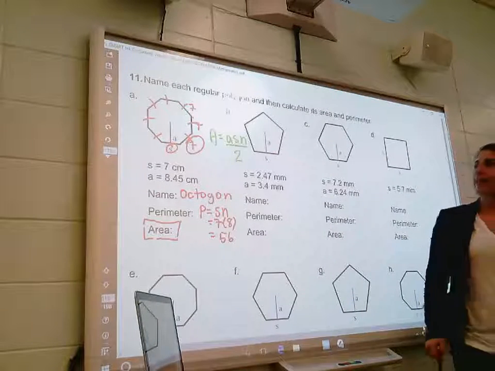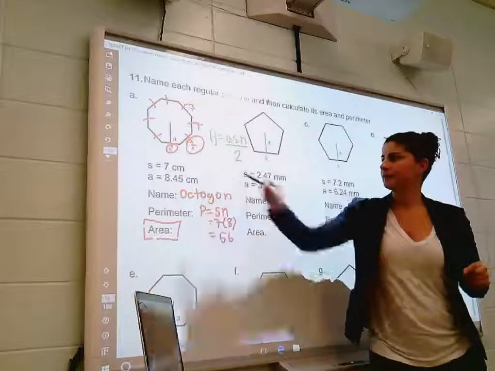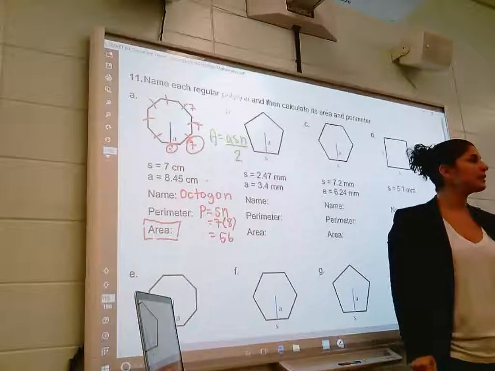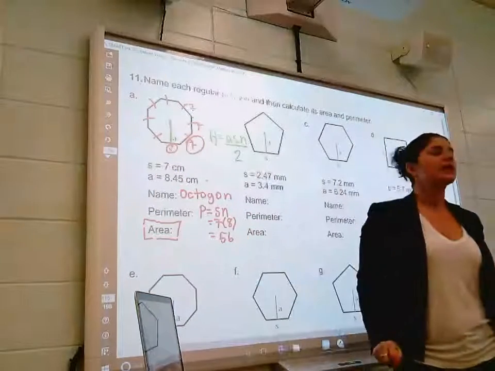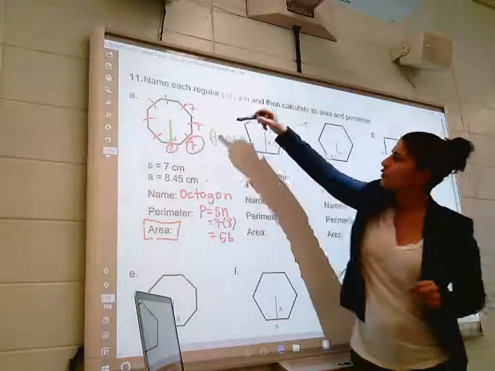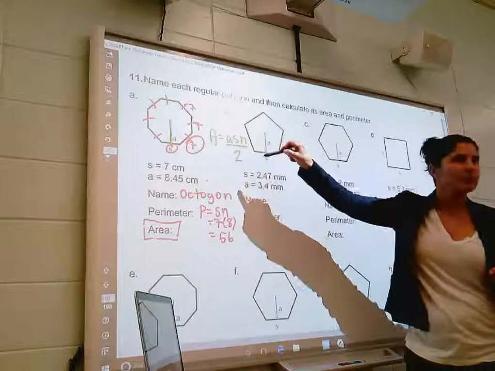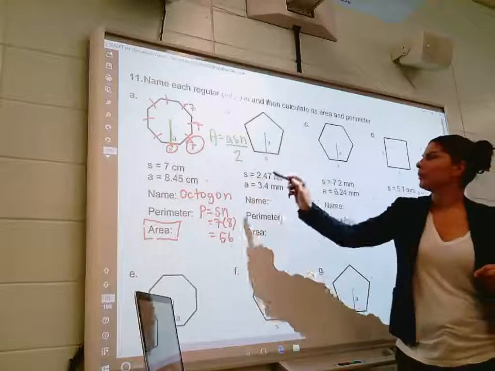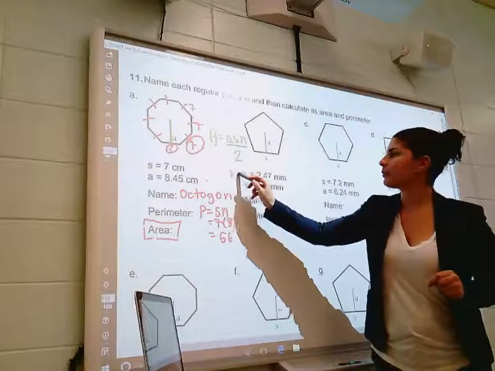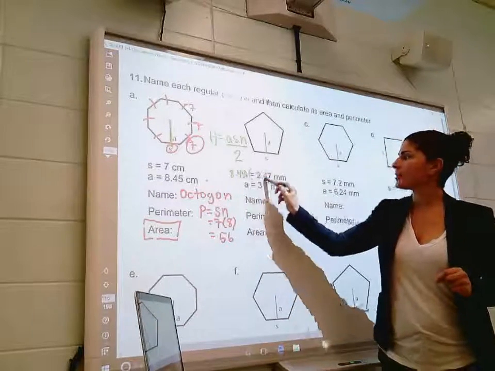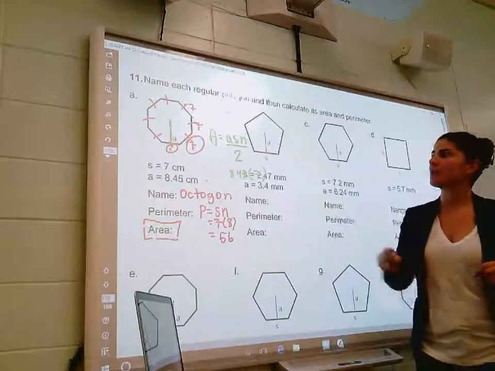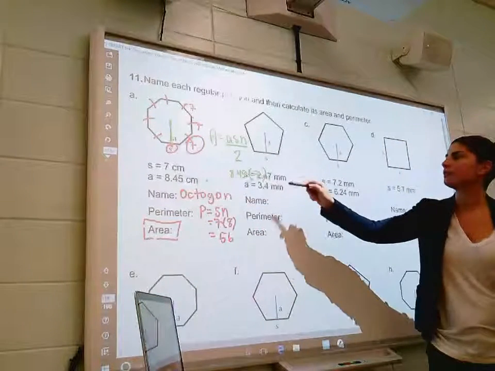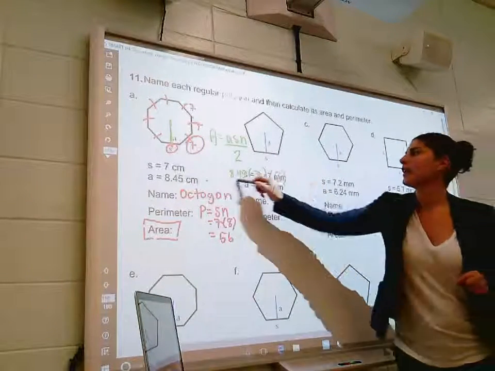Do I know what the A is? The apothem is this guy. It is 8.45. So you would take this and neatly rewrite 8.45 times S being 7 times number of sides being 8 divided by 2.